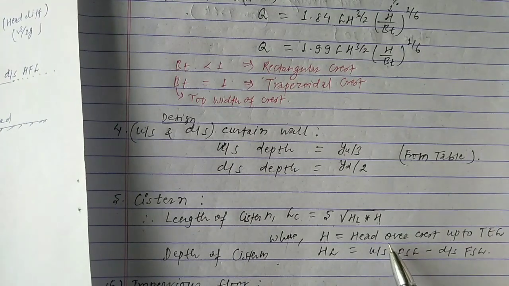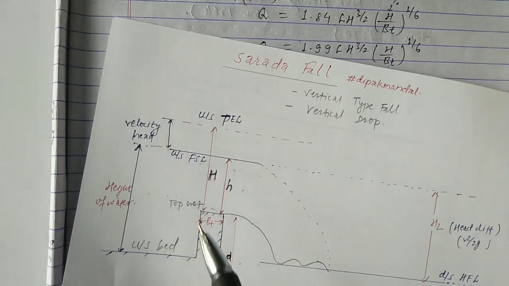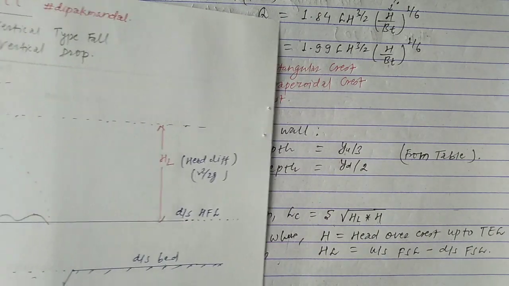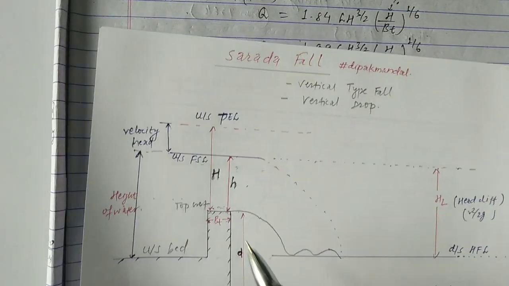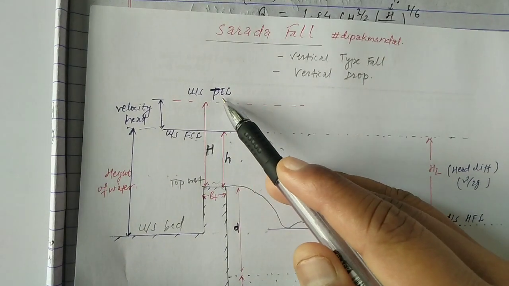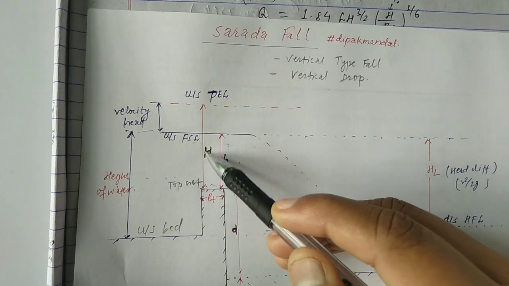Sorry, the value of H is calculated from the top of the crest to the upstream total energy level. This is the value of H from here to here, capital H.